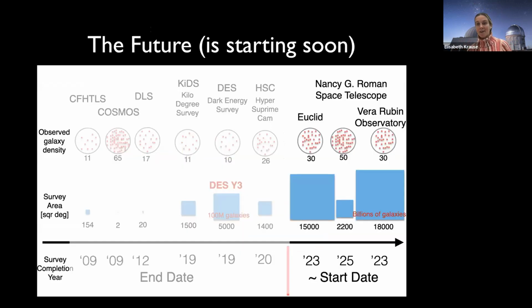So with these practical examples, let's talk about how to optimize the science return from Rubin Observatory and contemporaries. And even though these will be long duration surveys, the future is starting very soon.